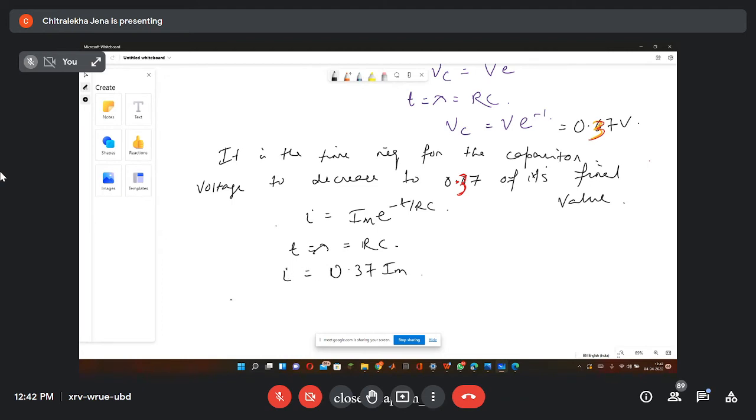So the time constant is the time required for the discharging current of the capacitor to decrease to 0.37 times its maximum value.